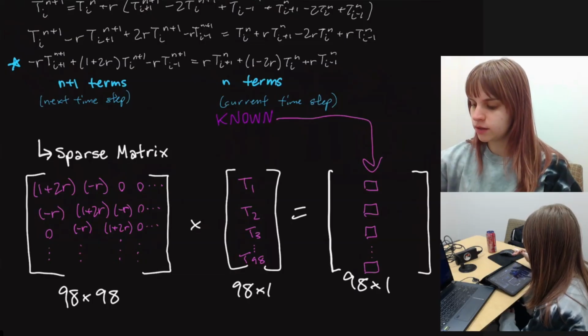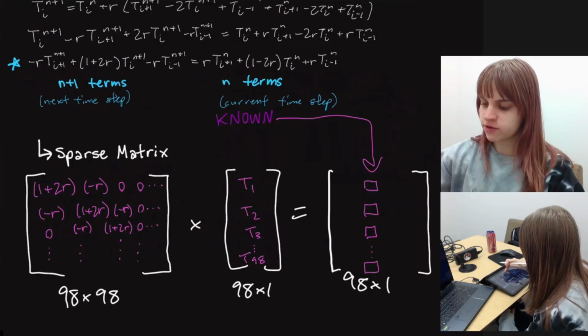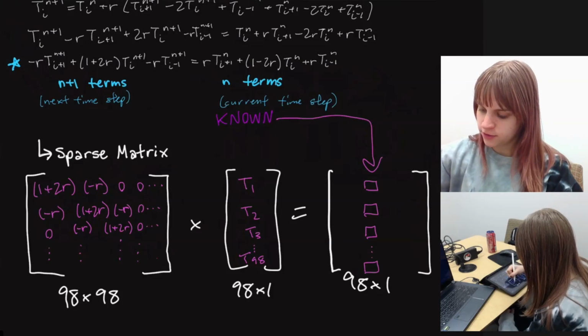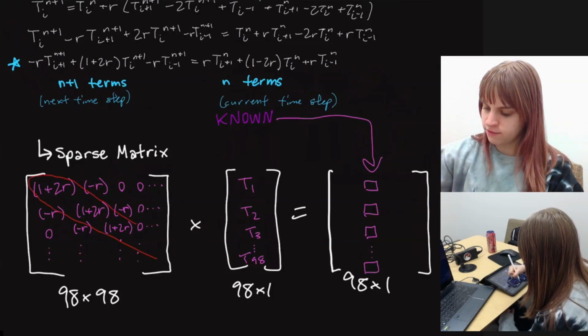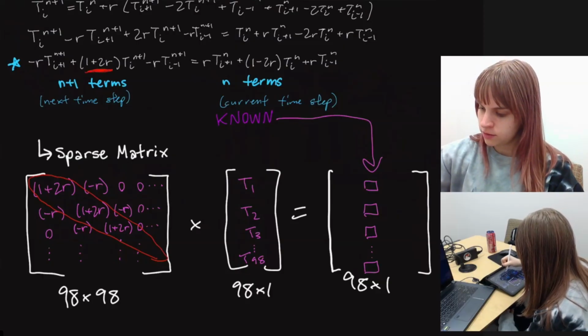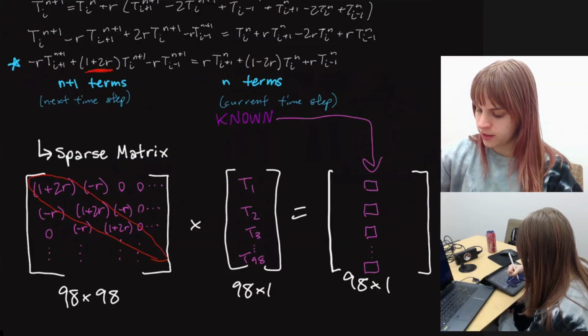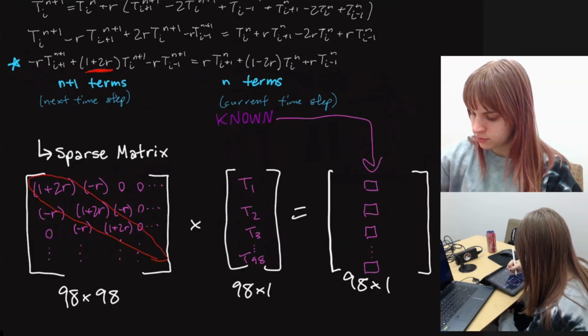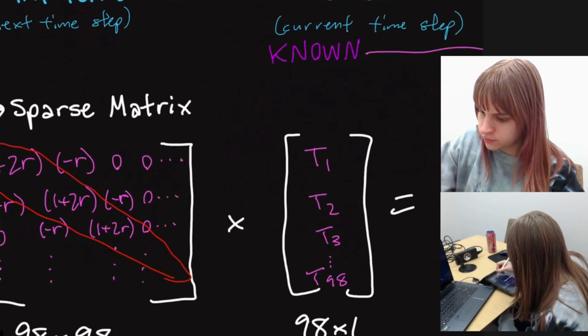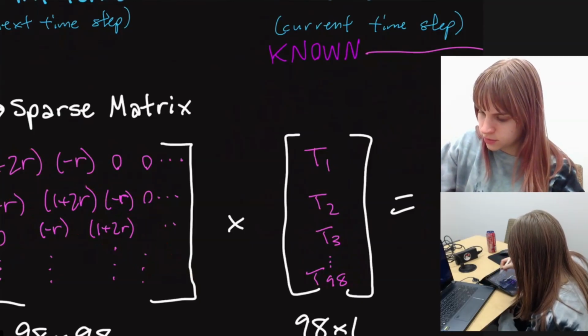When we display this as a matrix, we get what is called a sparse matrix. This is because we have repeating diagonals of this 1 plus 2r, as well as repeating diagonals of negative r. This one should be a negative r.